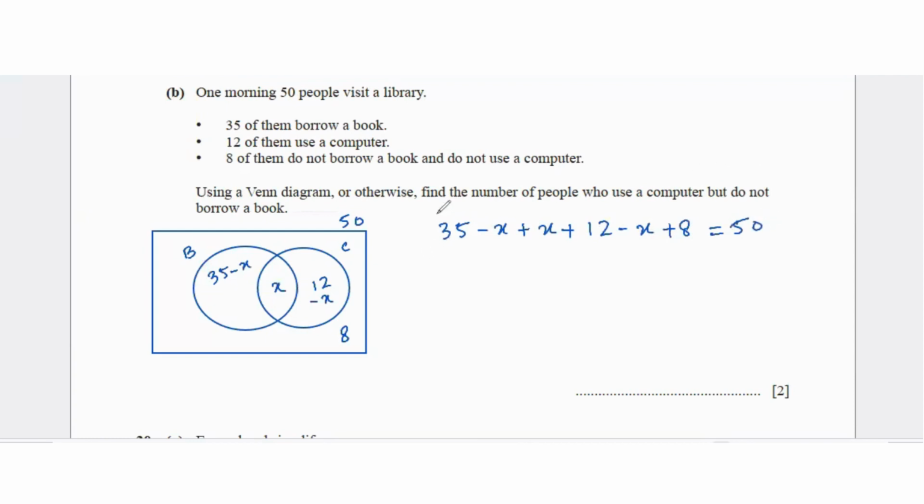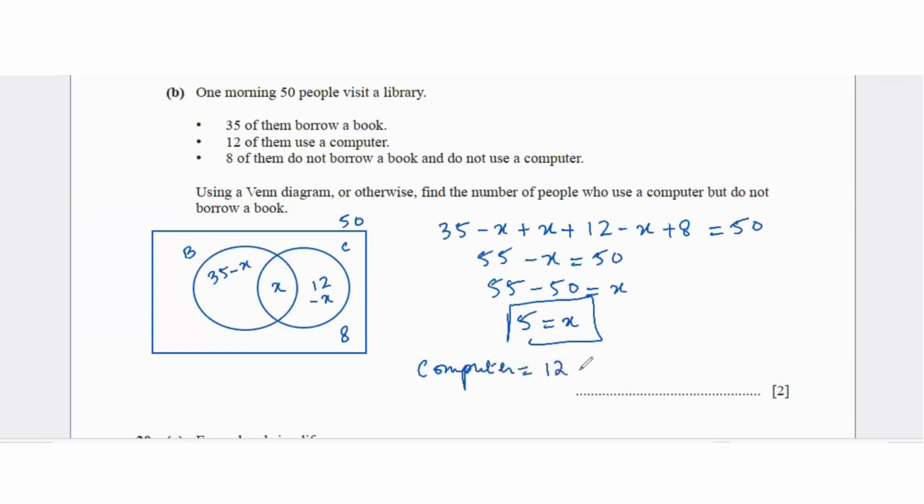So 35 plus 20 is 55 minus x equals 50. 55 minus 50 equals x, and 5 is x. So to find the number of people who just use a computer, we're going to do 12 minus 5, which is 7. That is your answer for this.